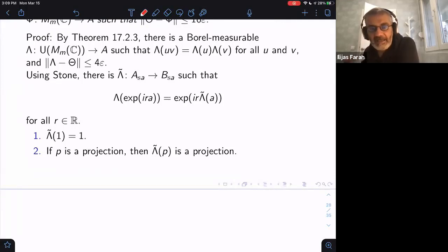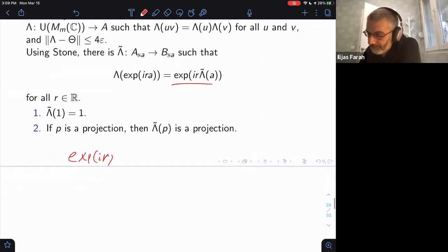Now, this may seem obvious, but we have to prove it. You see, if you just put 1 here, you just have exp of i r, you just have scalars, you just have a circle group, right? And how do we know that it goes to the circle group? Well, let's prove it. So let B be lambda tilde of 1.